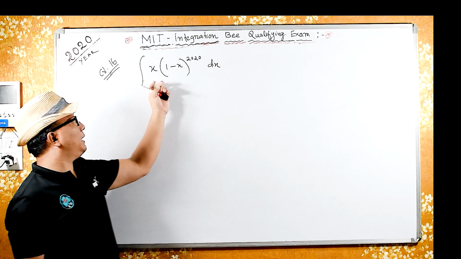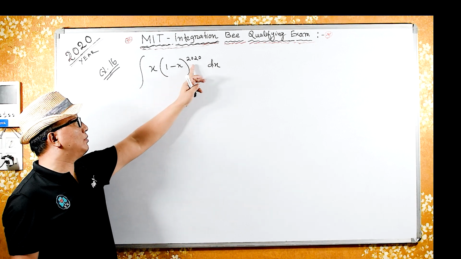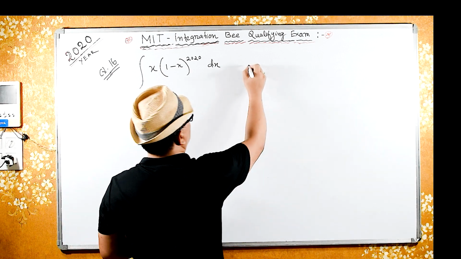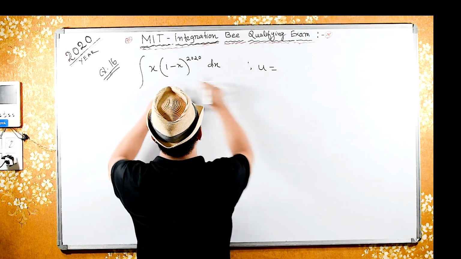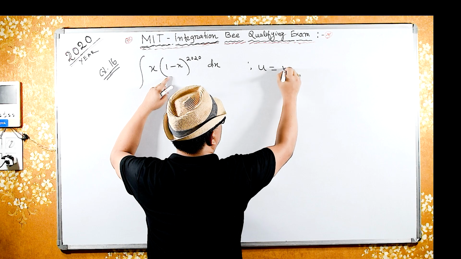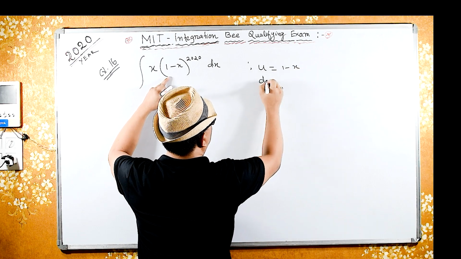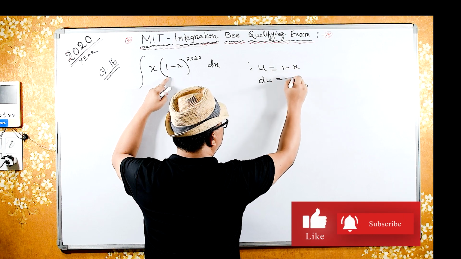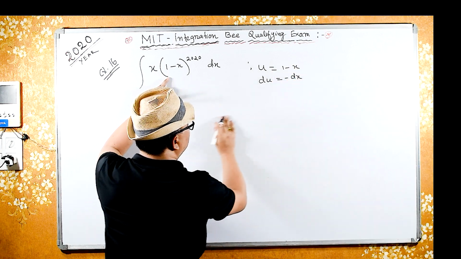Now this integral, x into (1 minus x) raised to 2020. Let's try with the help of substitution. Let u equal this part, here 1 minus x. Then my du equals minus, this is 0, and then minus 1 into dx, that is minus dx.